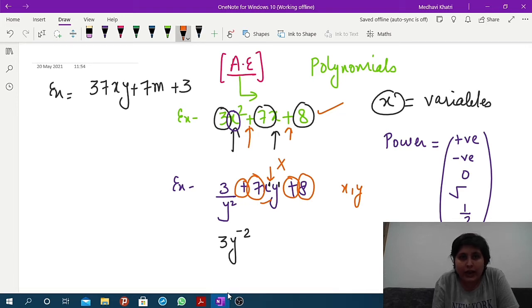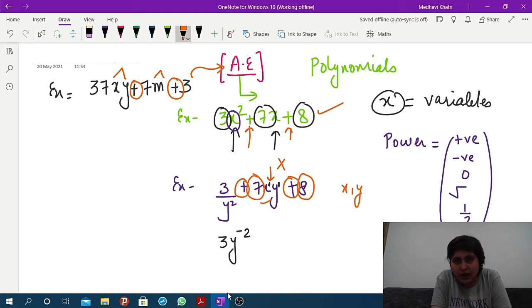Now we have to check whether it is an algebraic expression or not. Yes, it is an algebraic expression because it consists of some variables, some constants as well as some mathematical operations. Now we have to check whether this algebraic expression is a special type or not, that means whether it is a polynomial or not. So we just have to check the powers of the variables.